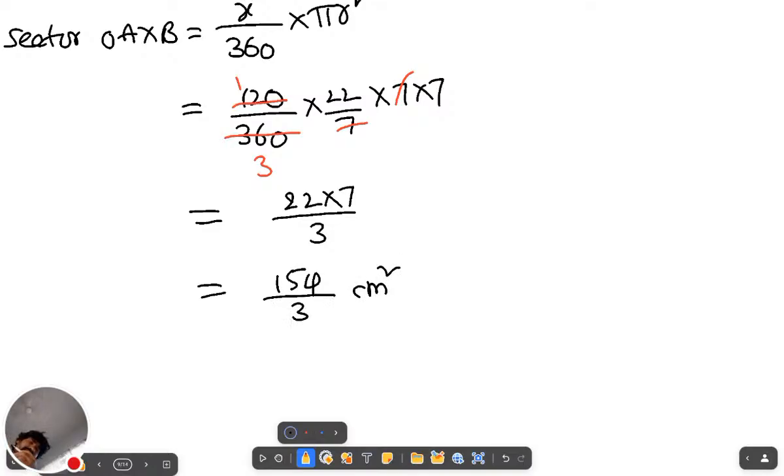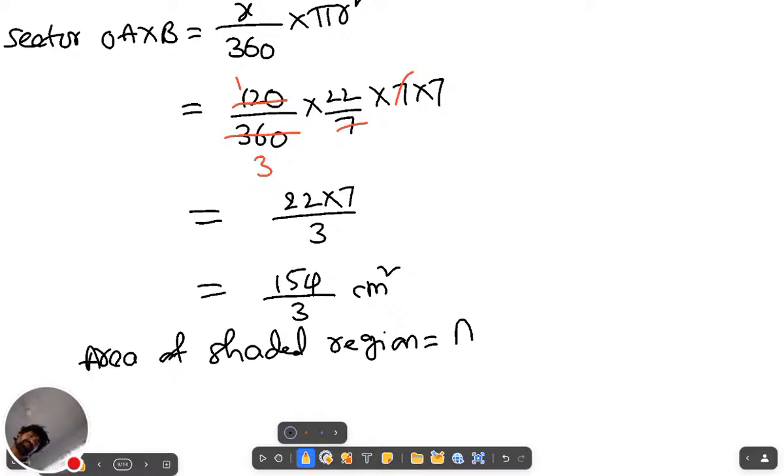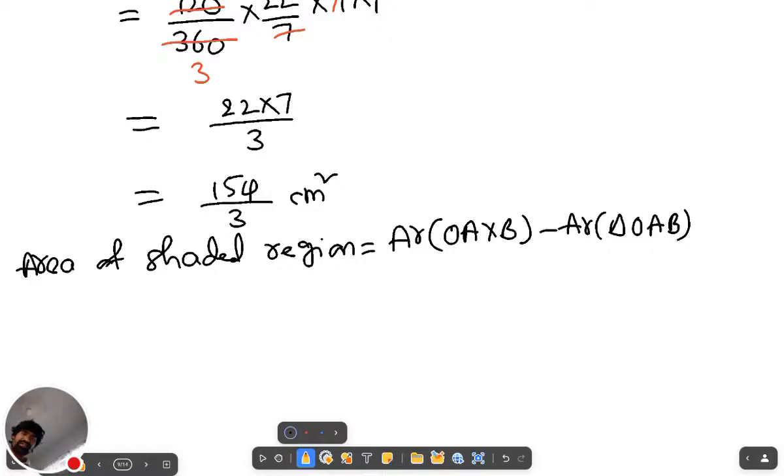This is the area of the sector. Now the area of the shaded region will be equal to the area of the sector minus the area of the triangle. The area of the shaded region will be equal to the area of sector OAXB minus the area of triangle OAB. The area of the sector we just got is 154 by 3.